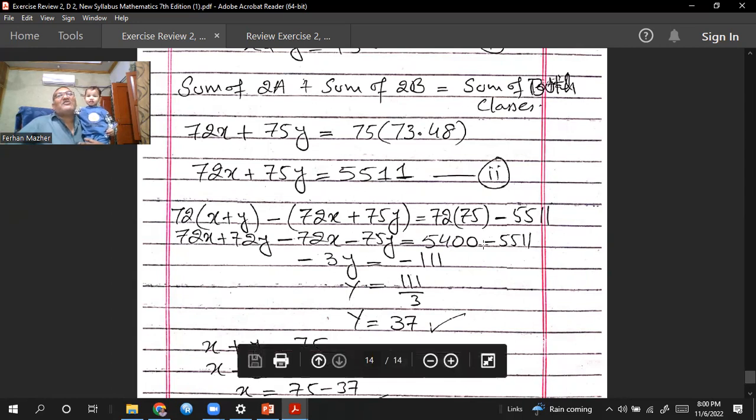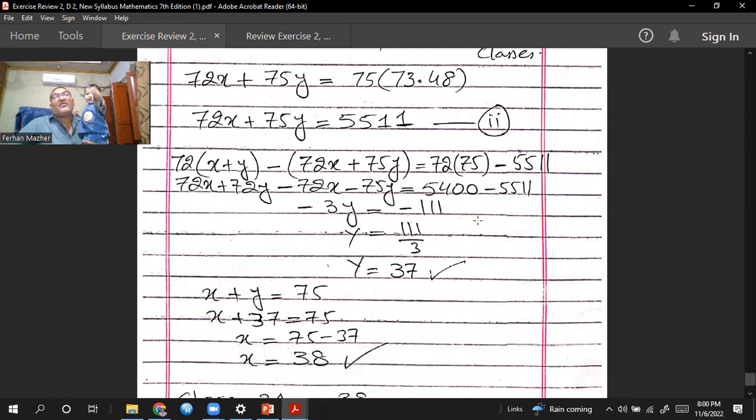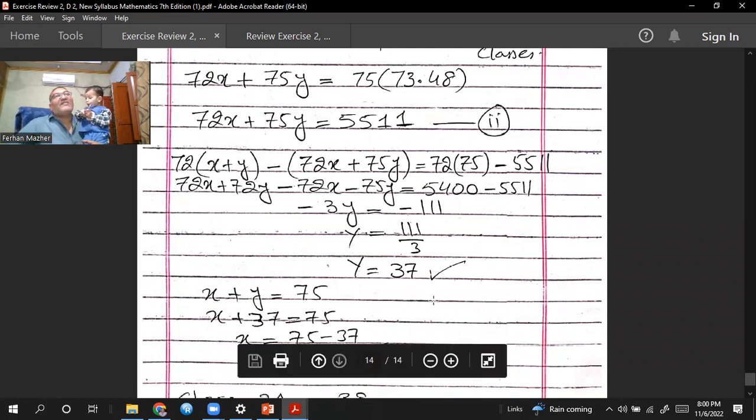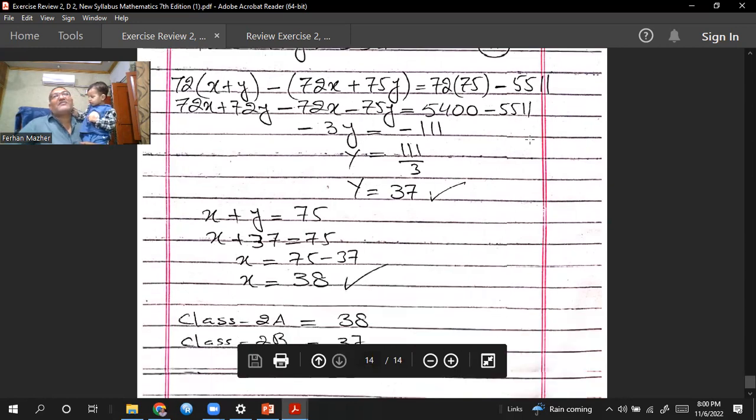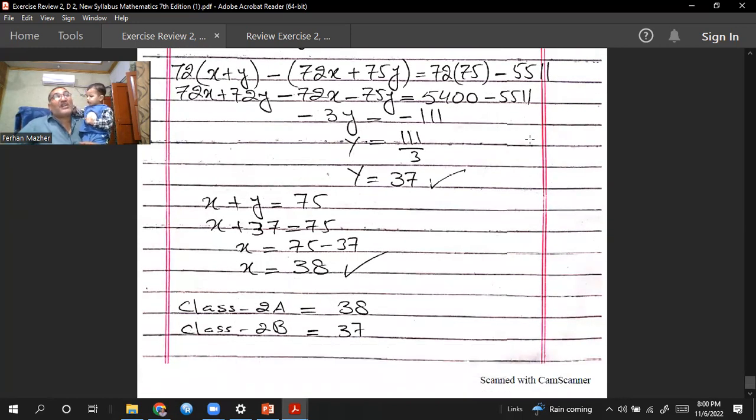So Y will be equal to, minus minus is cancelled, 111 divided by 3. So Y will be equal to 37. Now you have the value of Y, you can substitute it in the first equation. X plus Y equals 75, so X plus 37 equals 75. So X will be equal to 75 minus 37.